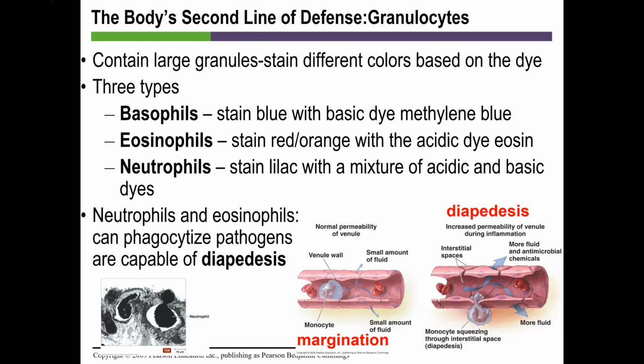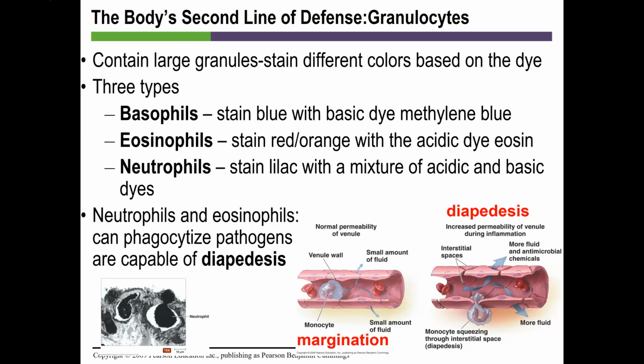This is called margination, the sticking to the edge of the inside of the capillary vessel. Then the cell pushes its way through the small little gaps between cells, like you see right here. And that's called diapedesis. That's the cell that's migrating out of the blood vessel into the tissues in order to attack whatever is there. So remember these two terms: margination, the sticking, and the diapedesis, the migration.